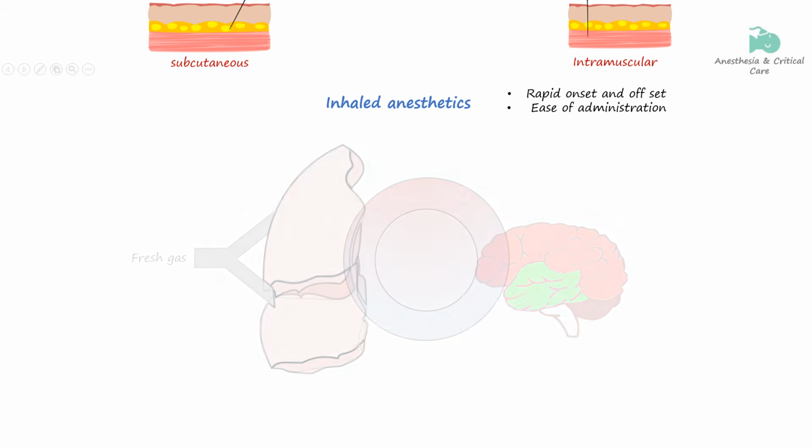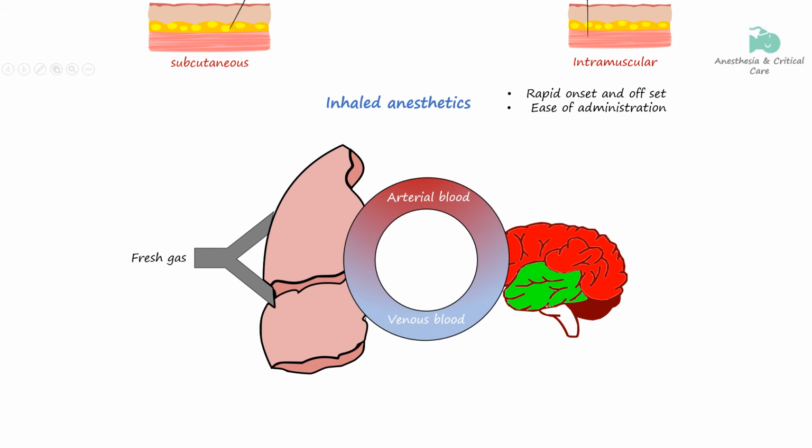Inhaled anesthetics are among the most commonly used anesthetic agents in clinical practice due to their rapid onset, ease of administration, and the ability to control the depth of anesthesia. They are absorbed through the lungs very rapidly. After administration, anesthetic diffuses from the alveoli into the pulmonary capillaries and then into the bloodstream.